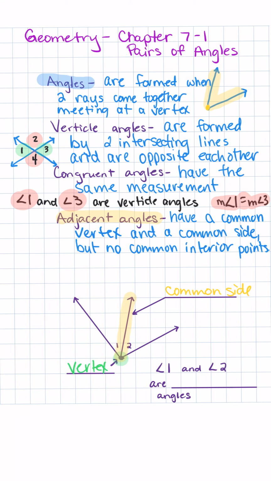But they don't have any other common interior points. So angle 1 and angle 2 are adjacent angles.